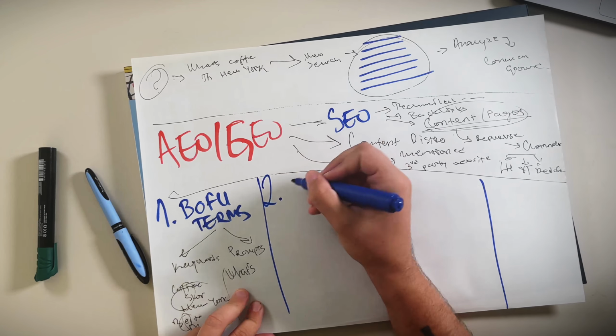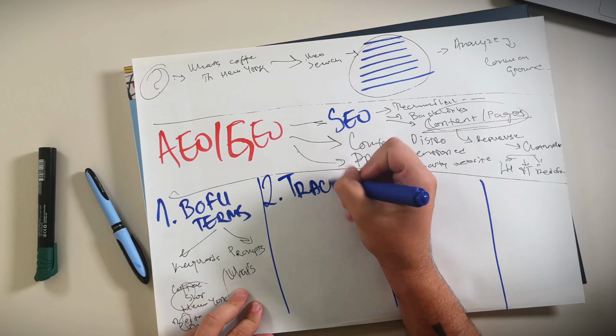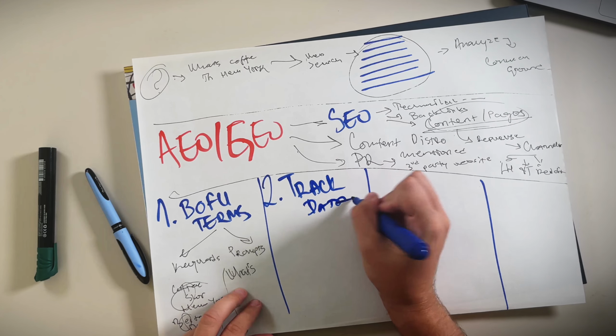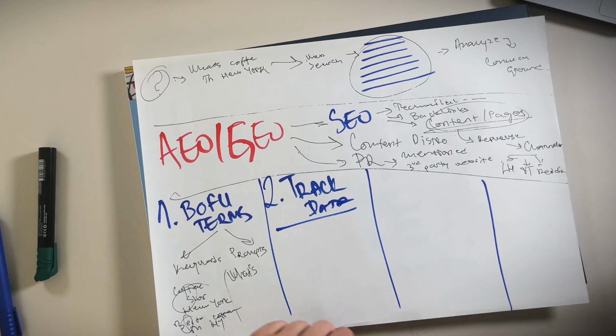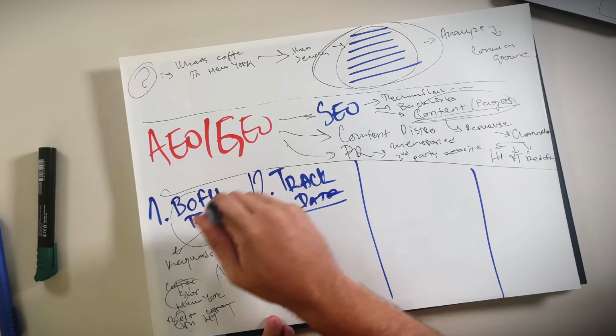The second thing that you want to do is basically you want to track data, right? So what's really important is that we understand what are the current websites that AIs basically source, that AIs basically cite before they answer your bottom of the funnel prompts. So how do you do that? Well, there is a lot of AEO or GEO software out there.